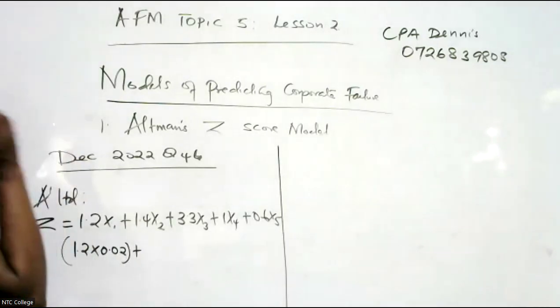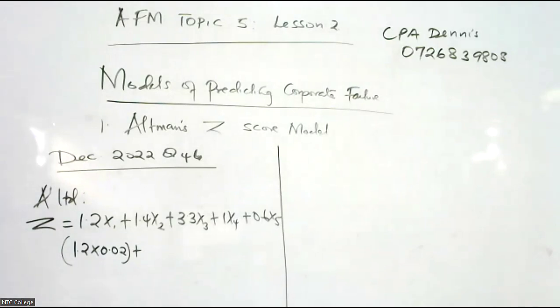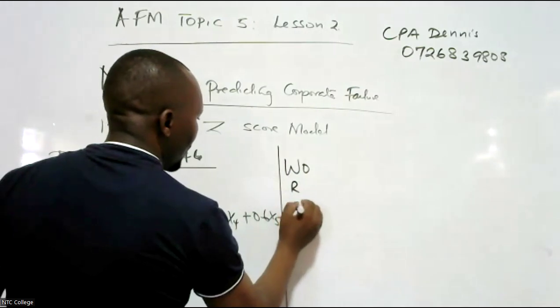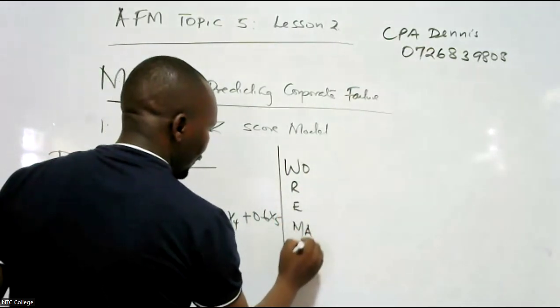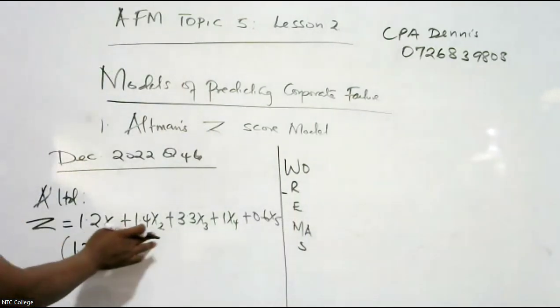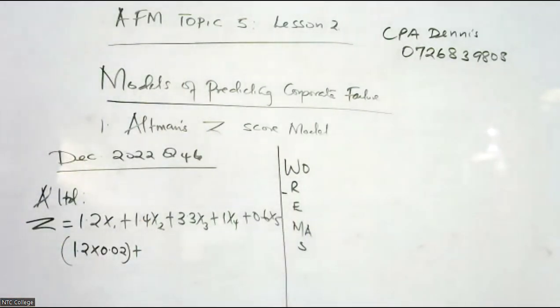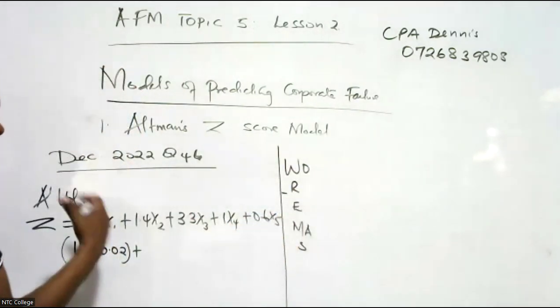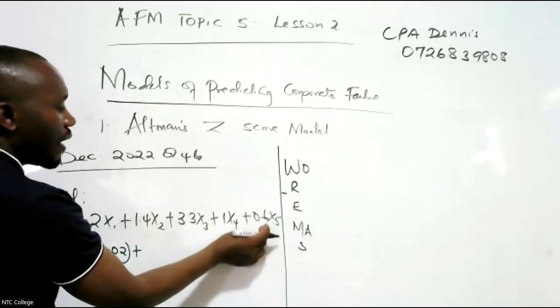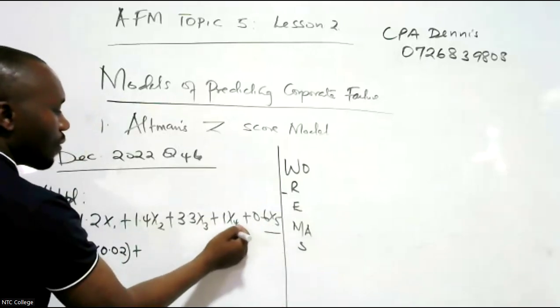Fine. So we come to the next one. That is X2. X2 is retained earnings. We are still using our formula. This is the normal formula, unless the examiner changes it the way they have done it in this case, where now we have the market value being number 5 and sales being number 4.